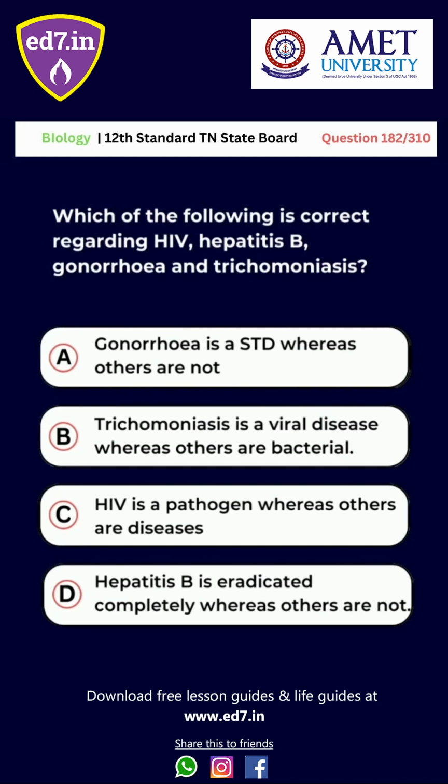C. HIV is a pathogen whereas others are diseases. D. Hepatitis B is eradicated completely whereas others are not. And the right answer for this question is option C. HIV is a pathogen whereas others are diseases.